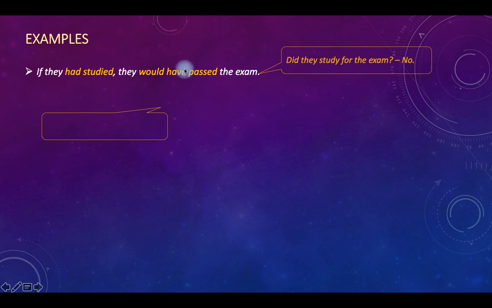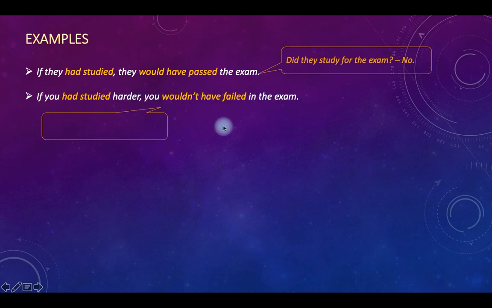No, they didn't. If you had studied harder, you wouldn't have failed the exam. That's a similar sentence. You did not study enough and you failed the exam. This is the meaning of the sentence.